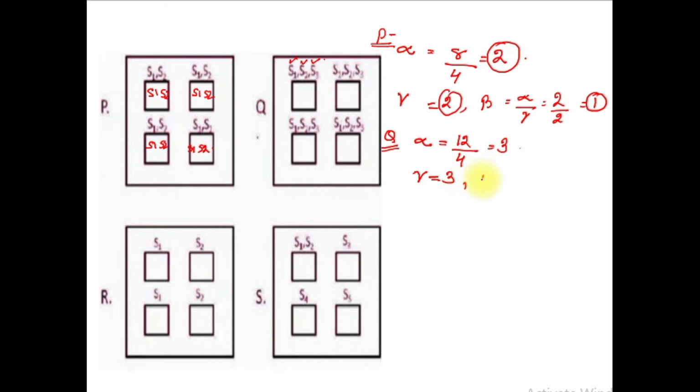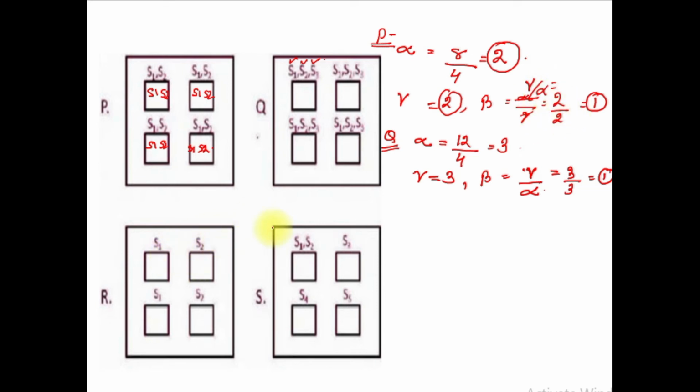By this we can calculate beta, gamma by alpha, that is 3 by 3 equals 1.